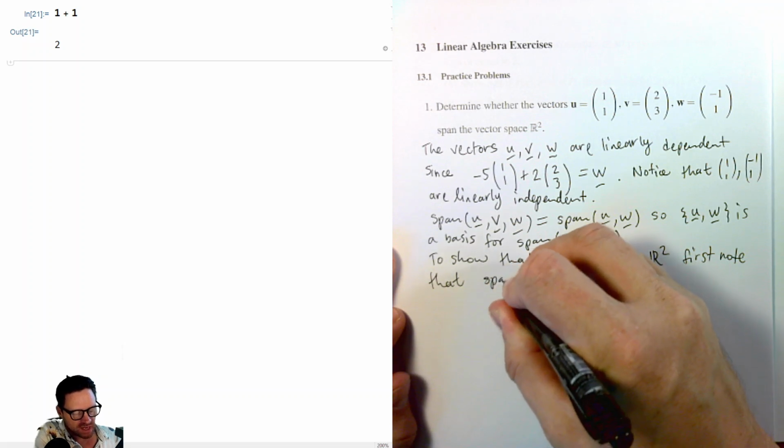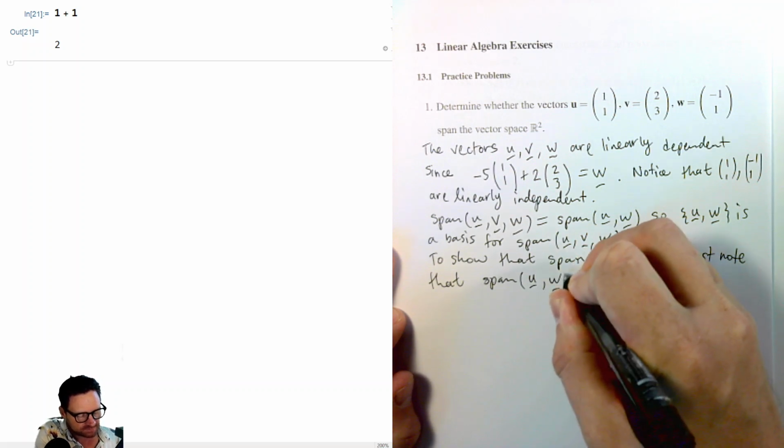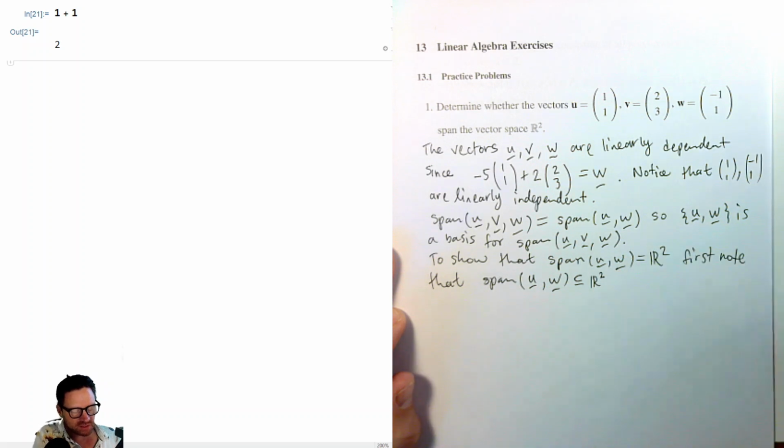So span, which is the set of all linear combinations of u and w, is a subset or equal to R2, trivially.